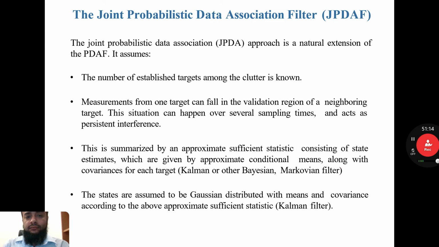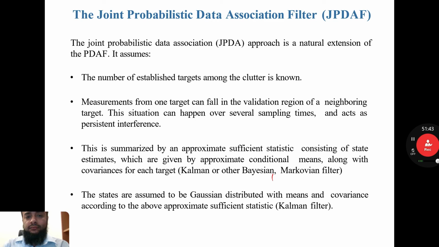So the states are assumed to be Gaussian distributed with means and covariance according to the approximate sufficient statistics Kalman filter. So the method is very similar to what you have done in the Kalman filter. When we want to involve data association in the Kalman filter, we just include the validation gate.